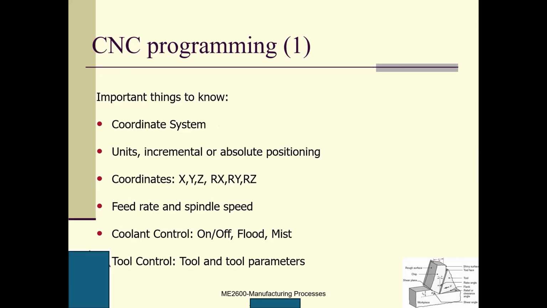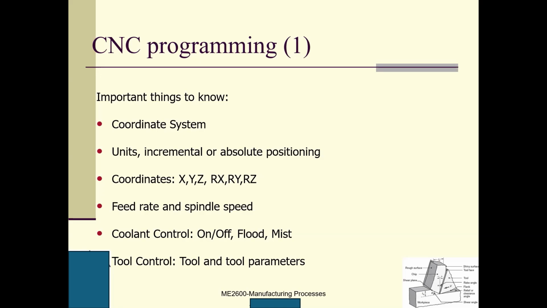You need to pay attention to units, and whether this is incremental or absolute positioning. The coordinates have 6 degrees of freedom: X, Y, Z, and also Rx, Ry, and Rz. Each point will have 6 degrees of freedom. X, Y, Z are the 3 translational degrees of freedom, and Rx, Ry, Rz are the 3 rotational degrees of freedom.